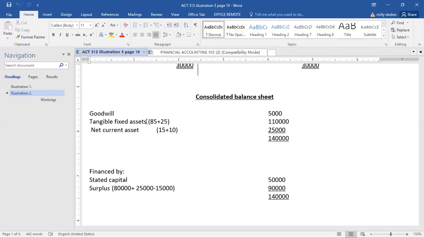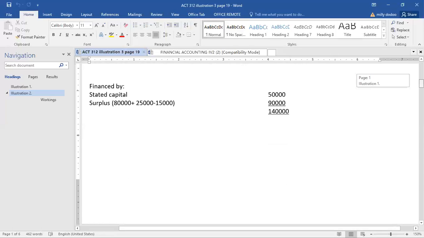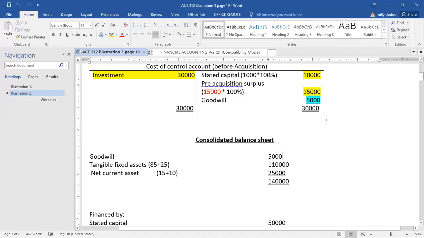Then the net current assets, 15 and 10. You add them because I told you consolidation is just a matter of adding.